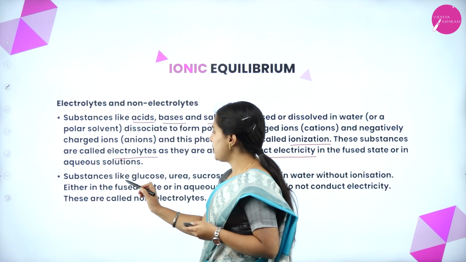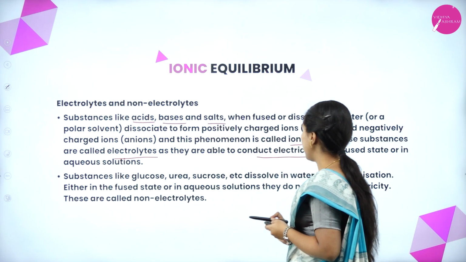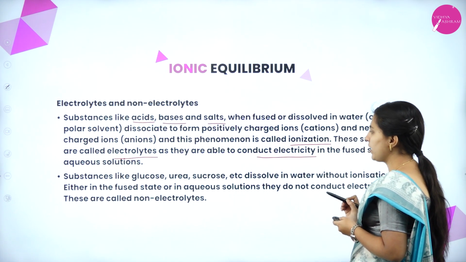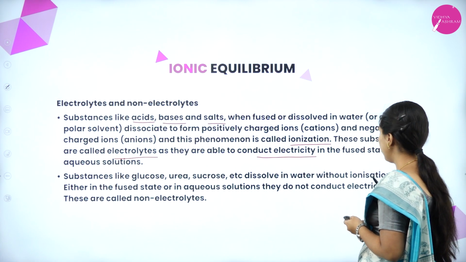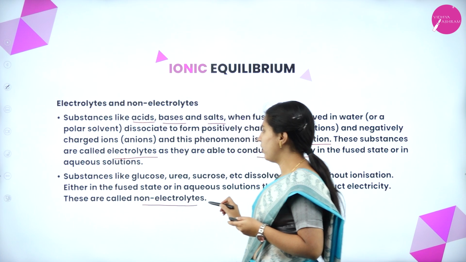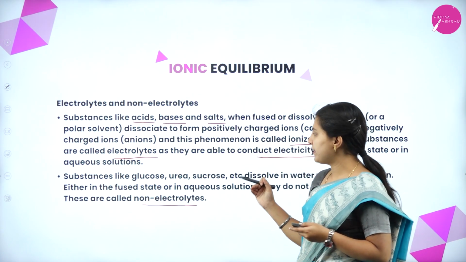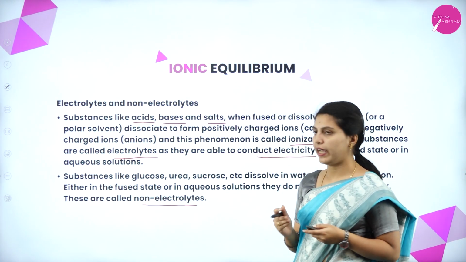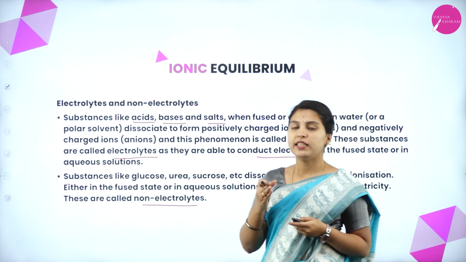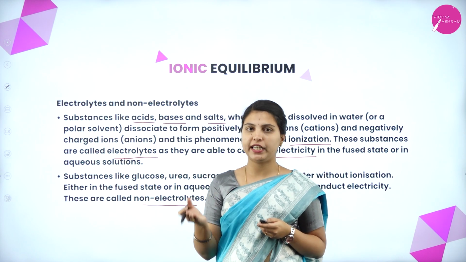Substances like glucose, urea, sucrose, etc. dissolve in water without ionization, either in the fused state or in aqueous solution. They do not conduct electricity. These are called non-electrolytes. Ionization means the separation of positive ions and negative ions.